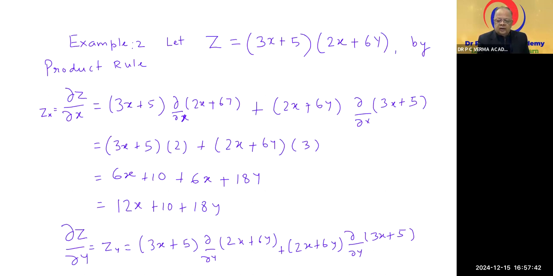In this sense, we have to take the derivative with respect to y, but here there is no y. This is x and this is constant, so this will be 0. And here, with respect to y, it will be differentiated. Then we will have 2x, 18.